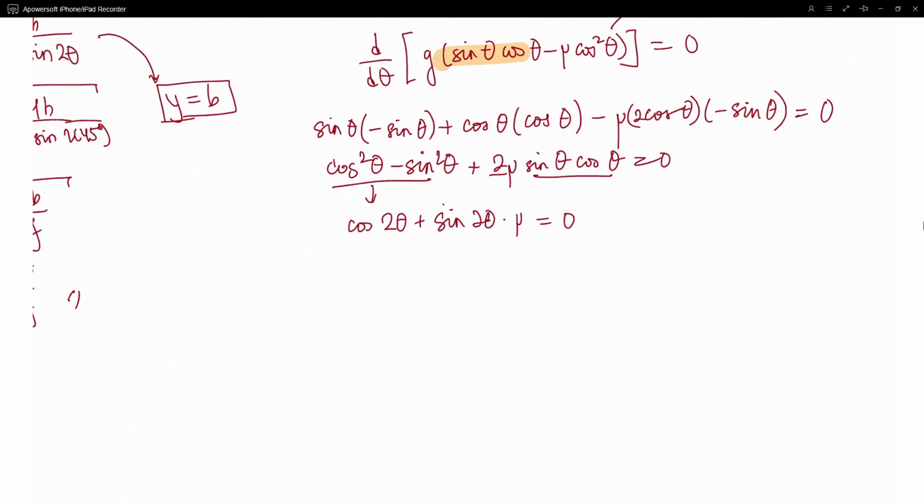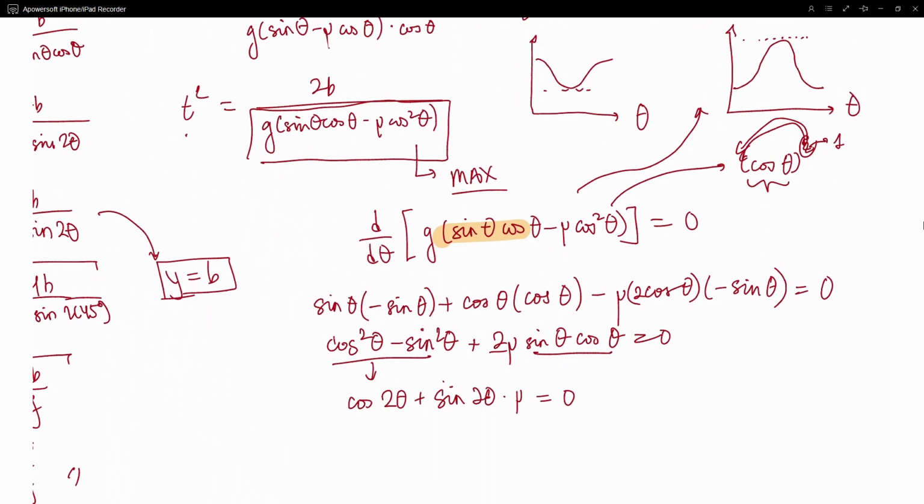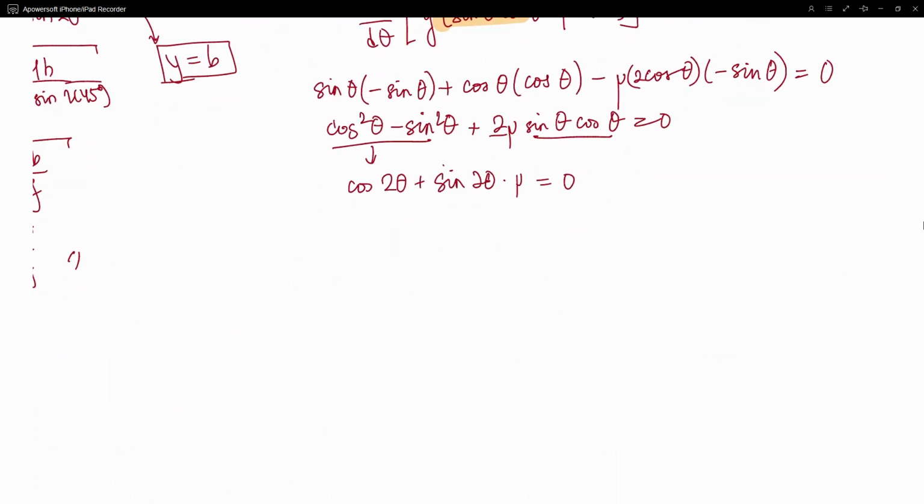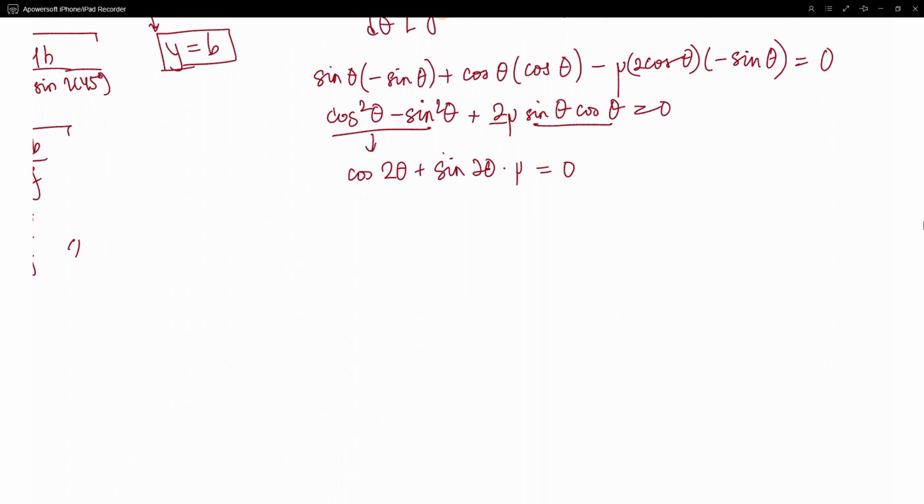Right now I actually want a formula for the angle, because I need to know what this angle is in terms of mu, so I can sub it all in later. So when we simplify, let us divide throughout by cosine 2 theta. So it'll be 1 plus mu tangent 2 theta equals 0. We get that mu tangent 2 theta is minus 1, so tangent 2 theta is negative 1 over mu.